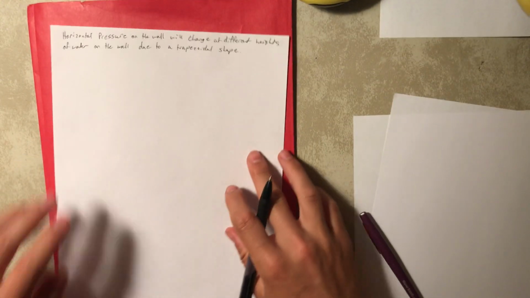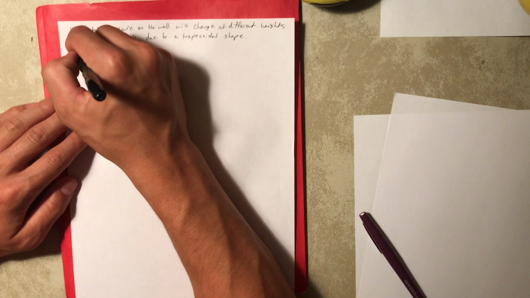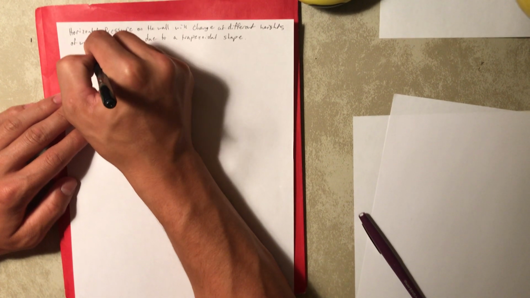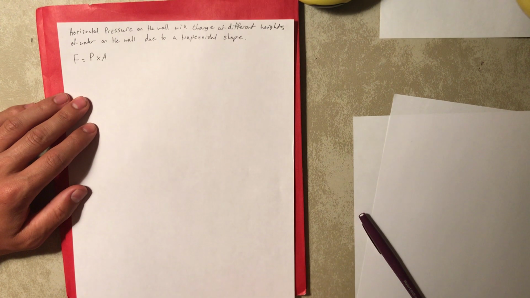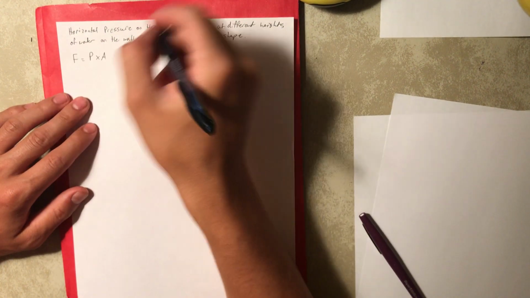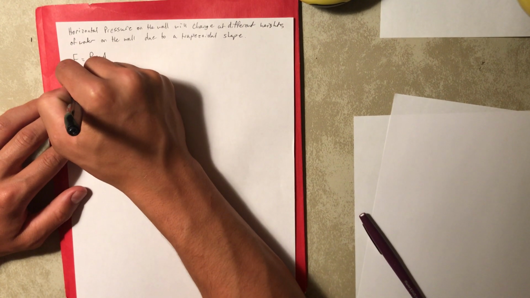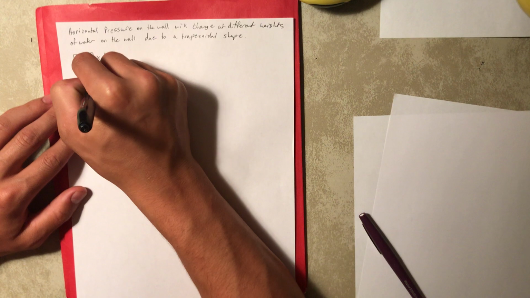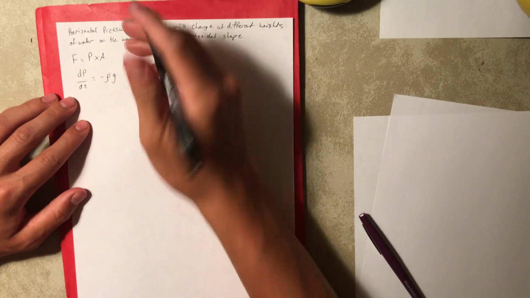So what we know is F is equal to P times A. We know from homework 1 that our pressure equation is dP over dZ is equal to negative rho g.